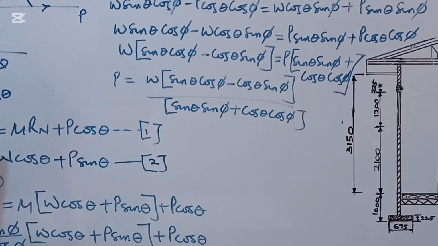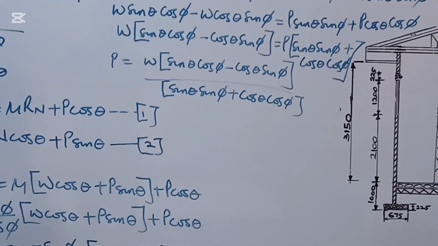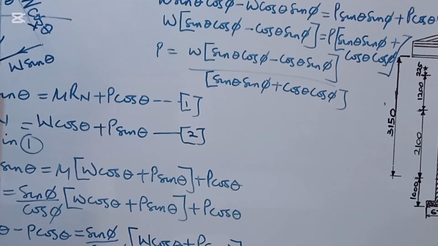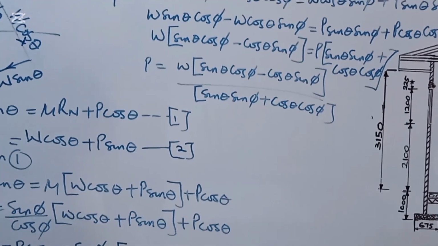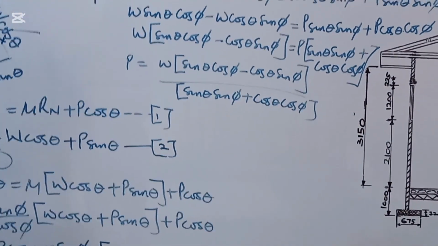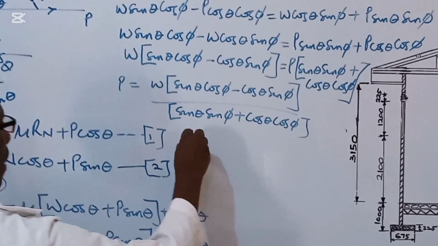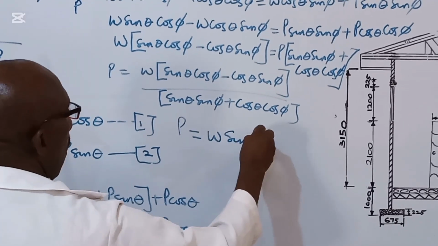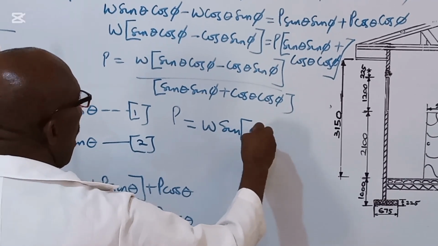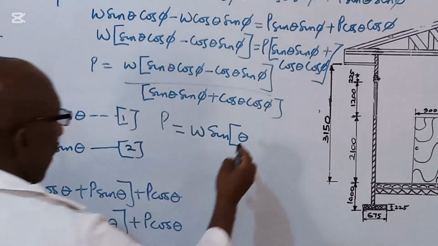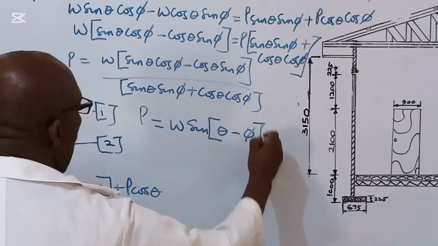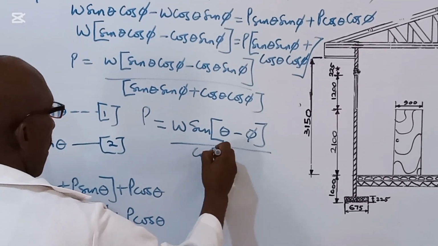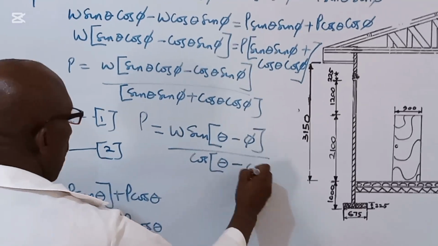Now in compound and multiple angles, we have sine open bracket A plus B close the bracket is equal to sine A cos B plus cos A sine B. Now this means that I will have P is equal to W, then sine open bracket theta minus phi, all right, all over cos open bracket theta minus phi.